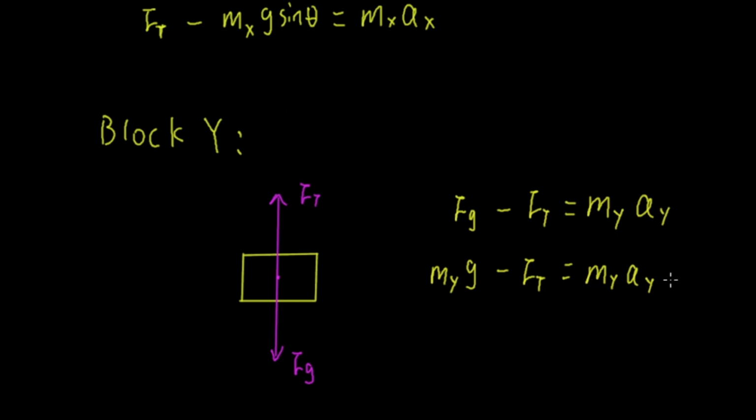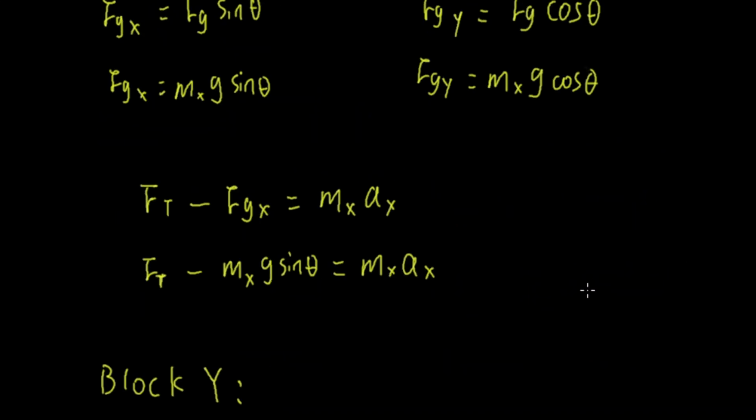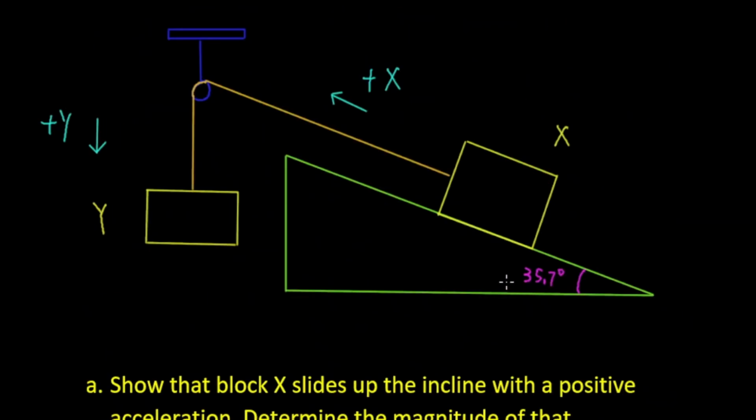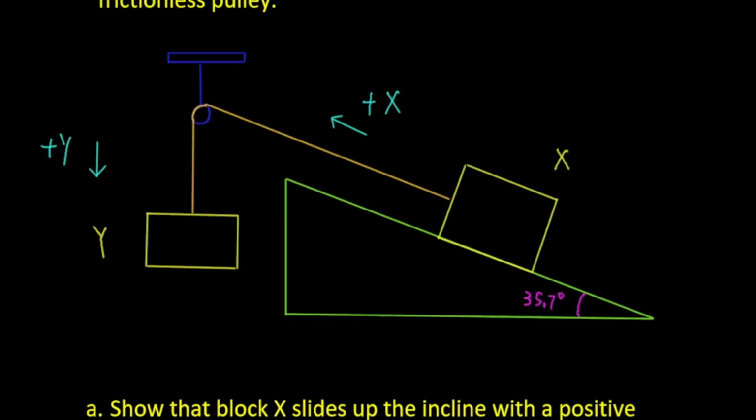Now notice that this is the acceleration in the y direction, and that's the acceleration in the x direction. We're looking at the diagram here, right? Block y will move down at the same acceleration as block x moving up.